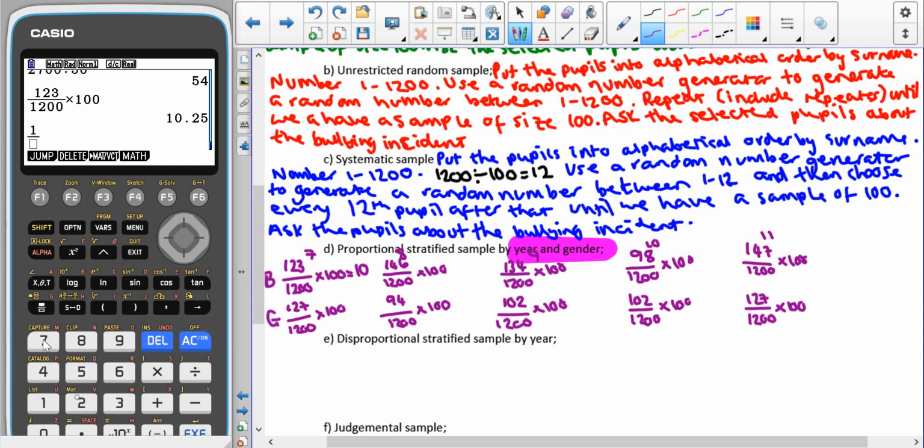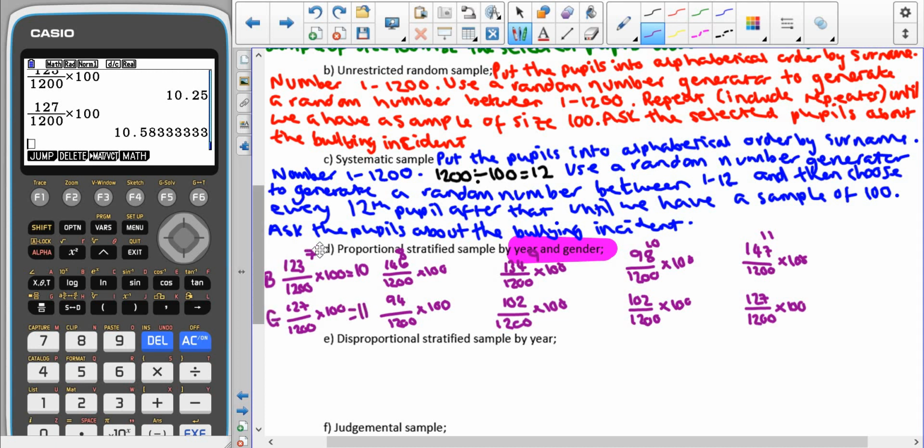Then 127 divided by 1,200 times 100, which gives us 10.58, so we'll round that to 11. So we've got 11 girls from year 7.